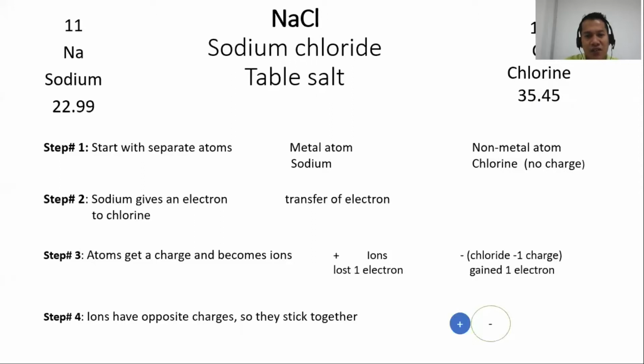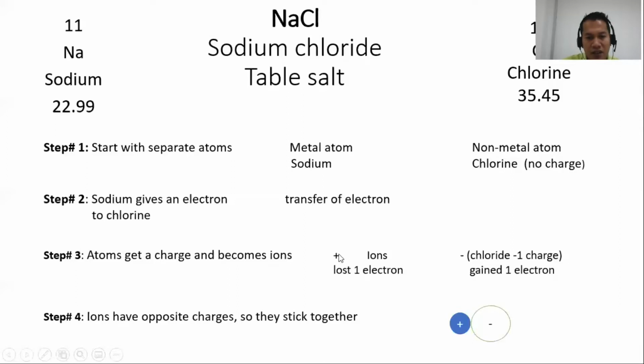With that being said, they will gain charges. In step 3, atoms get a charge and become ions. Remember, in step 1, they are atoms, right? As they transfer electrons, in step 3 they turn into ions. This is the sodium atom in step 1, and this is the chlorine atom in step 1. In step 3, they turn into a sodium ion.